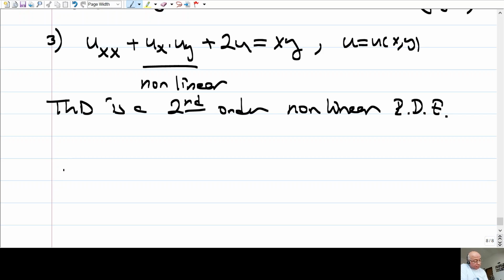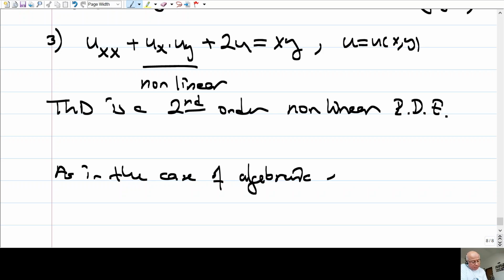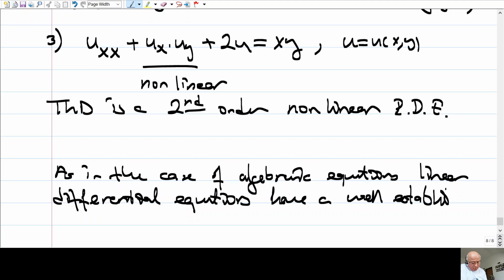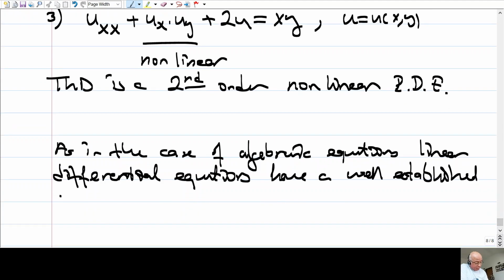So as in the case of algebraic equations, linear differential equations have a well-established general theory.